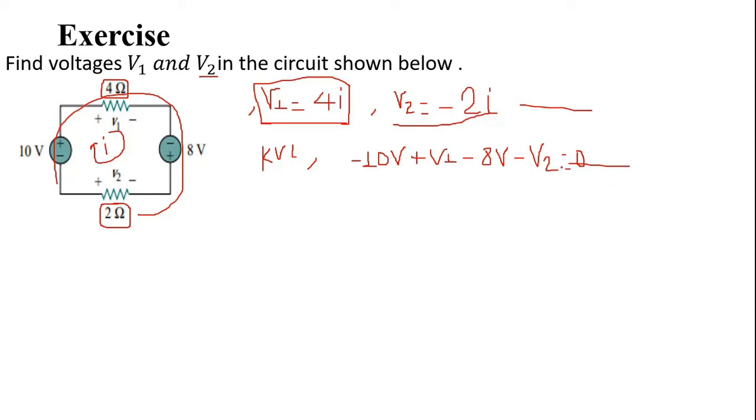If we substitute a value of V1 and V2 in this equation, we have minus 10 minus 8, that is minus 18 volt, plus V1, that means 4 times I.